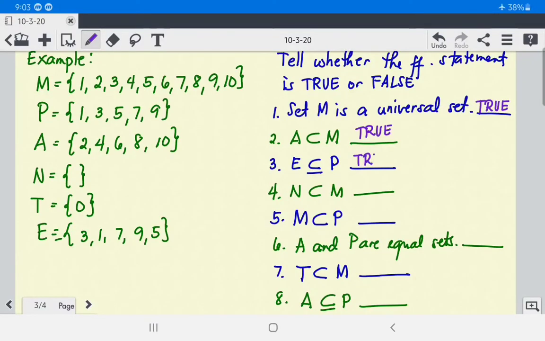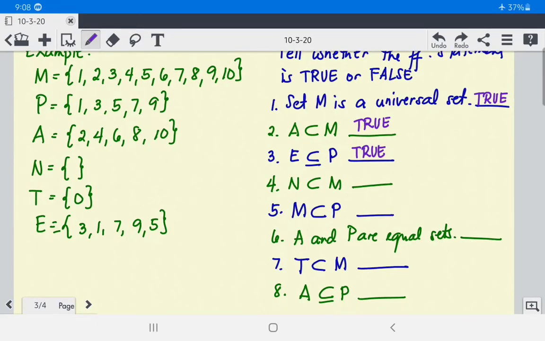Okay, next, number 4. So N is a proper subset of M. Okay, so the answer here is true. So the empty set is a proper subset of any set.